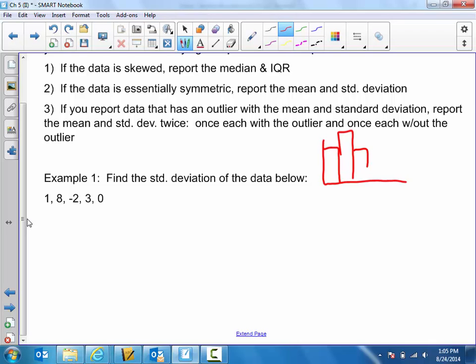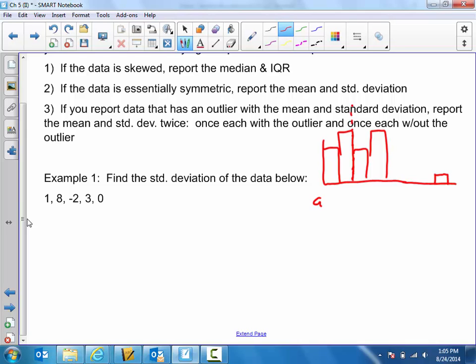So if you've got a histogram that looks something like this, you've got centrally located data right there, then off to the side you've got this little baby outlier. In this particular case, you don't have skewed data, you just have an outlier. You would want to say the data set is more or less symmetric.